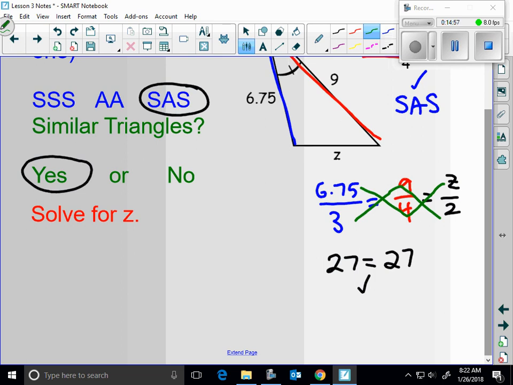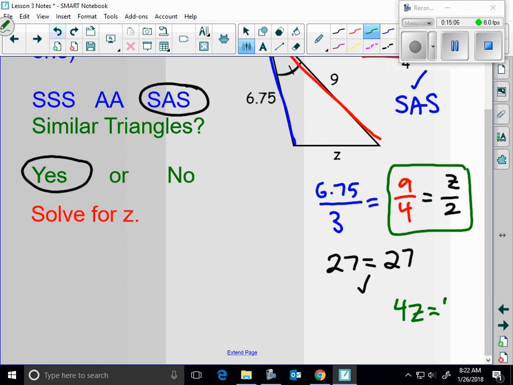Do this. Use nice numbers. 4z equals 18. So it looks to me like z equals 9 halves or 4 1/2. 9 halves. Perfect.